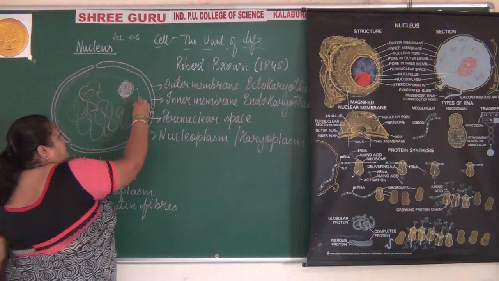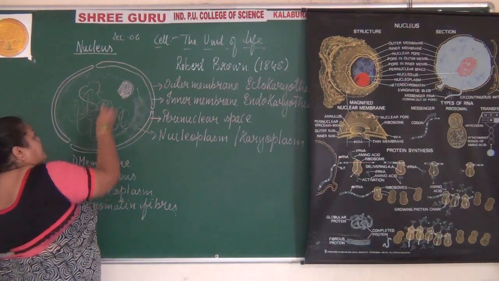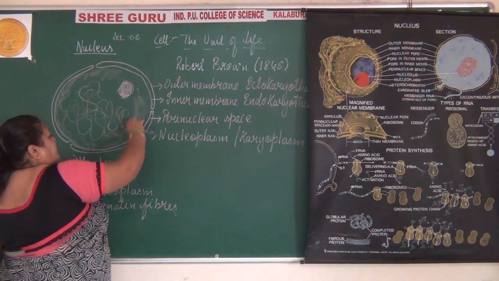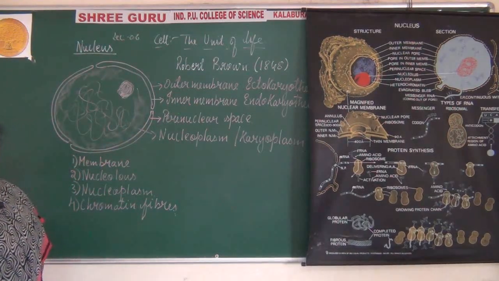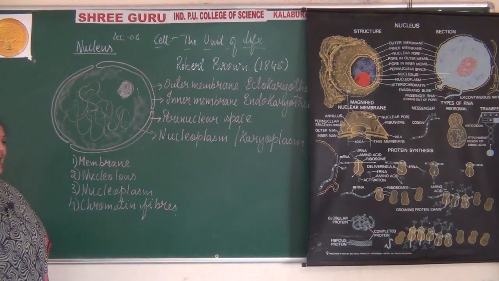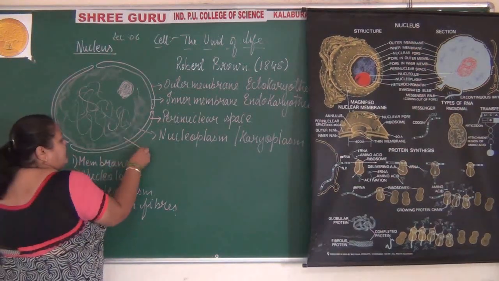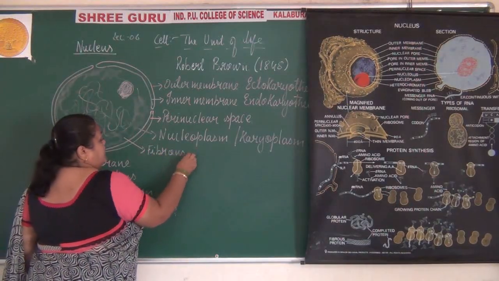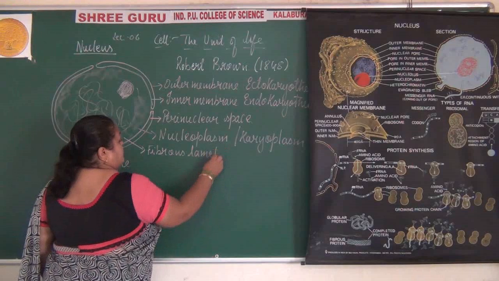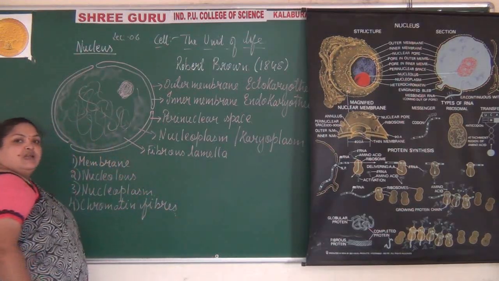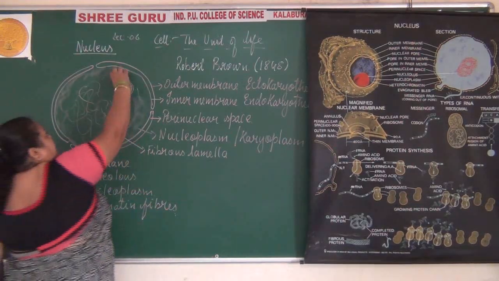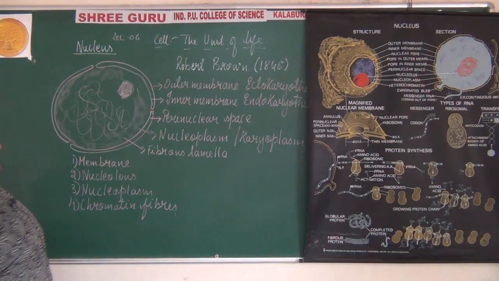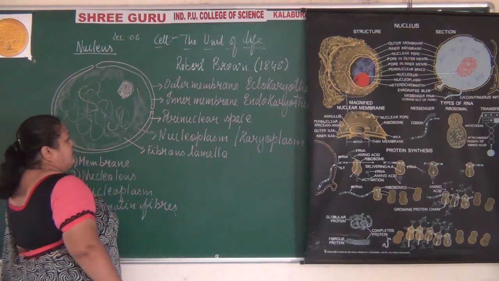This karyoplasm at the periphery, on the inner membrane, is slightly dense or appears dark in color and is called the fibrous lamella. At the periphery, it is slightly dense, or we can say that it is thick, and is known as fibrous lamella.